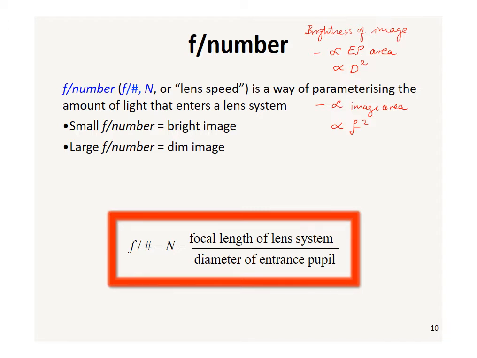Of course, if we were to confine the image to a really, really small area, then it would be very, very bright. So we now have the flux density at the image plane is going to vary as D over F all squared.